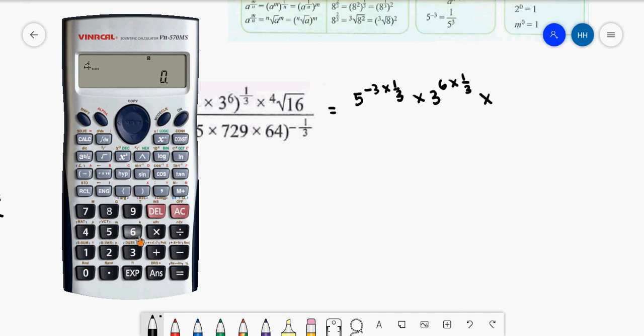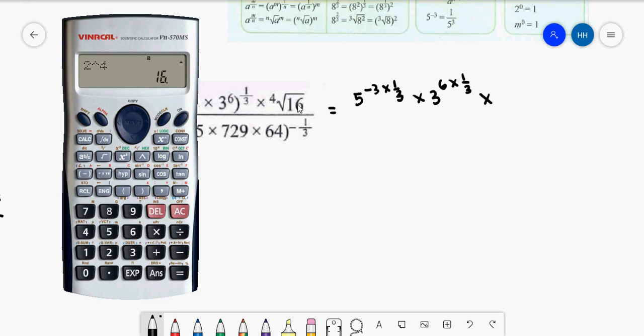But you can simplify 16 into smaller base. You can divide 16 by 2, right? So 2 to the power of, you can try and error using calculator. You try 2 power 2 is 4, right? And then 2 power 3 is 8, 2 power 4 is 16. So this is 16, guys.